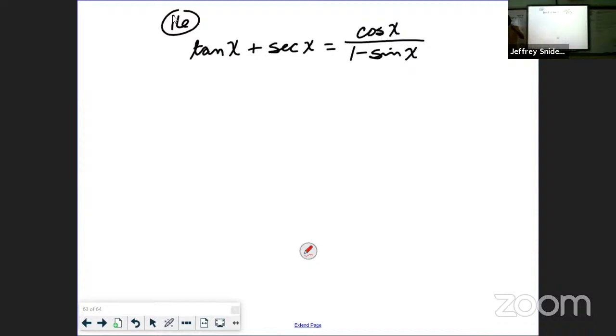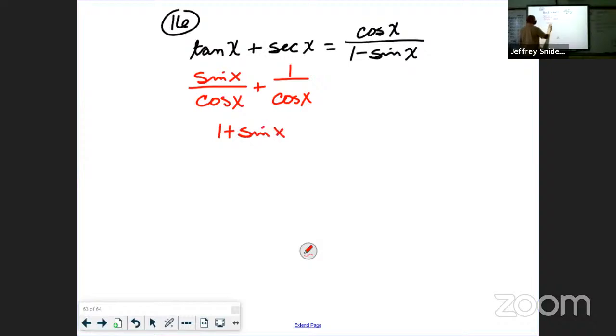I'm gonna go on the left-hand side. I'm gonna make this one right here, sine x over cosine x plus this is 1 over cosine x. This gives me, I'm gonna write it as 1 plus sine x on the top over cosine x.